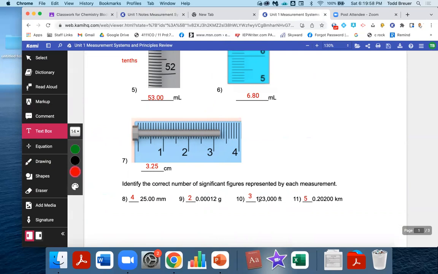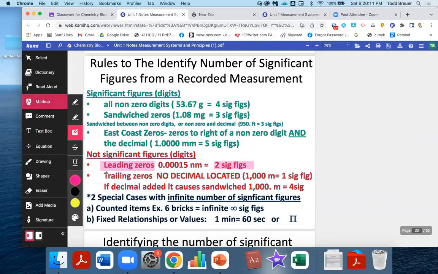Moving onward, we see 123,000. The core idea here is there is no decimal position located in this particular value. So what we go back to look for is this particular rule right here about trailing zeros. When there's no decimal located, these zeros at the end of the value, they're not East Coast zeros.